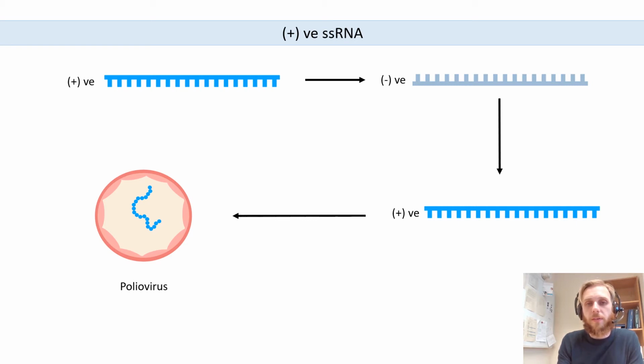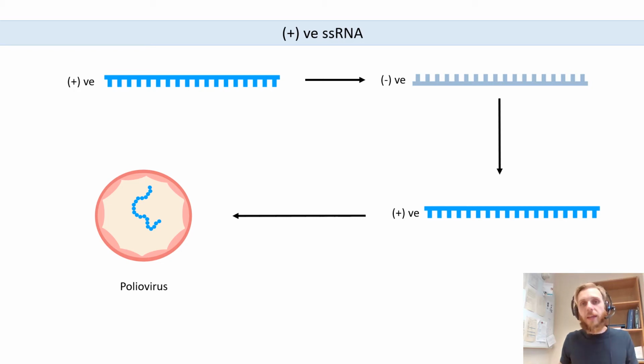This is the genome replication process here, and you'll see it's familiar. It's just the process we looked at in the last slide. Poliovirus has a positive sense single-stranded RNA genome. This genome is used to produce a negative sense single-stranded RNA copy. This negative sense copy is then used to produce a positive sense single-stranded RNA copy.